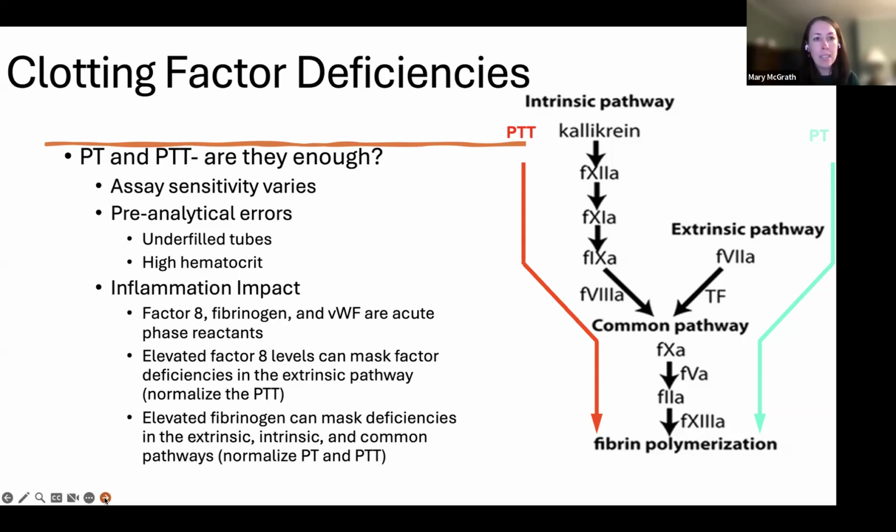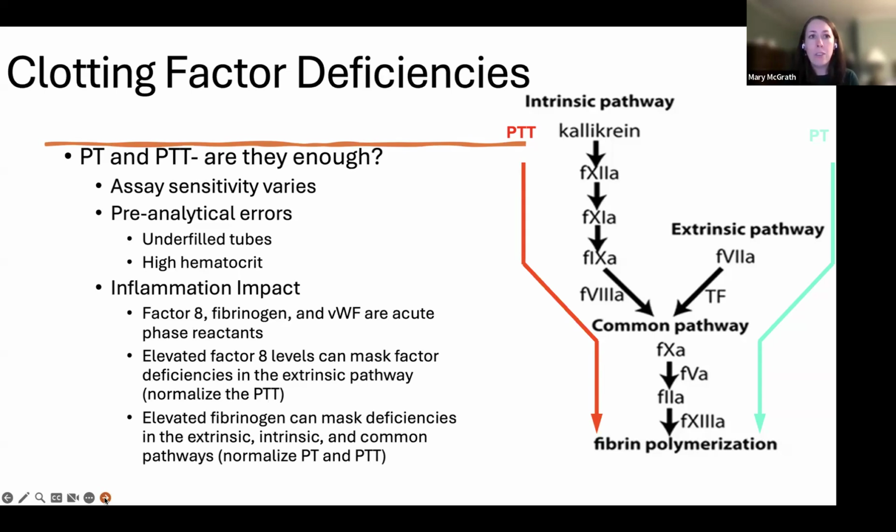And then lastly, for patients who may have underlying inflammatory disorders or are acutely ill and inflamed from that, a lot of clotting factor deficiencies can be masked in the PT and PTT. During inflammation, oftentimes your factor 8 and fibrinogen levels are going to be increased because they are acute phase reactants.